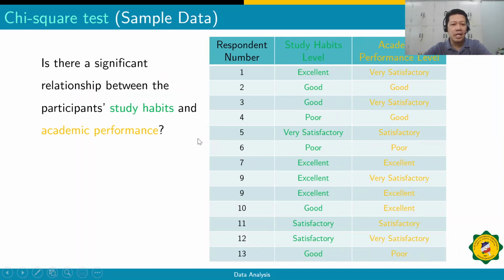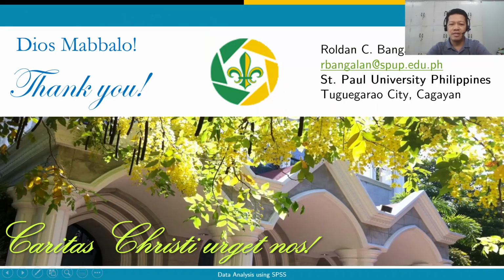Another sample data. Is there a significant relationship between the participants' study habits and academic performance? You have the respondent number, then your study habits level, and then the academic performance. If this is respondent 1, this is his corresponding study habits and corresponding academic performance level. You may treat this using Microsoft Excel or SPSS.